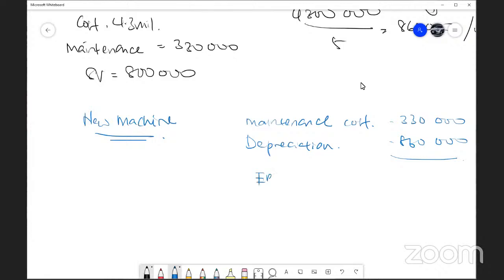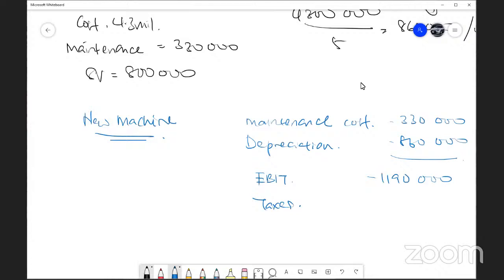So from here, you can get your EBIT. EBIT is negative 330 minus 860,000. This is the costing, so the total cost is negative $1.19 million. On top of this, you've got a tax here.